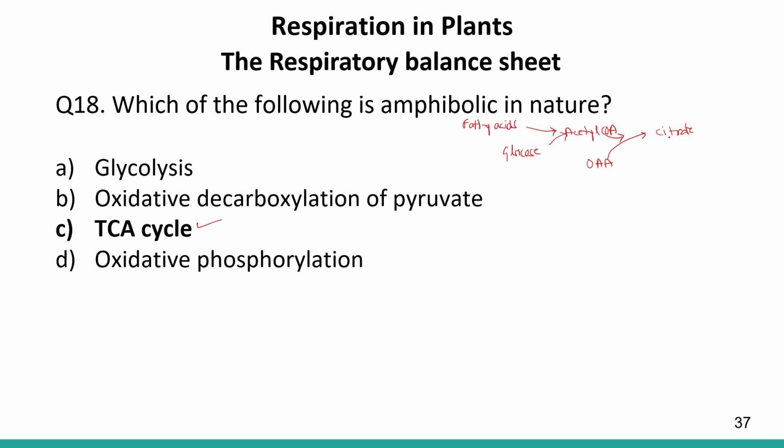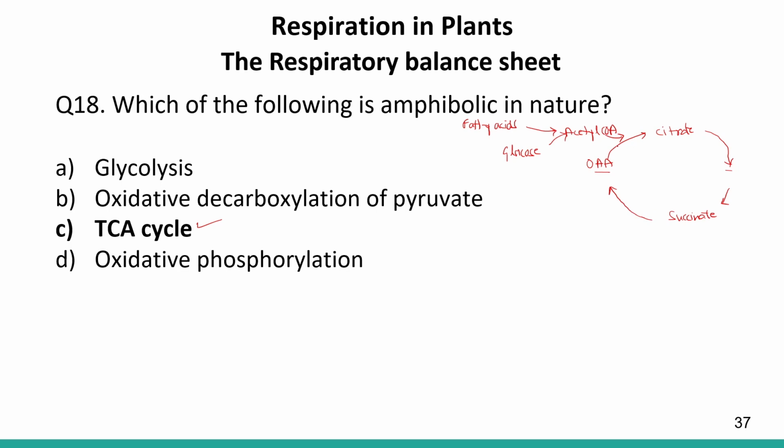So if there is a requirement of energy, then what will happen? Citrate will be converted into isocitrate and so on. Later succinate will form, and then from succinate all the reactions will take place and oxaloacetate will be regenerated.